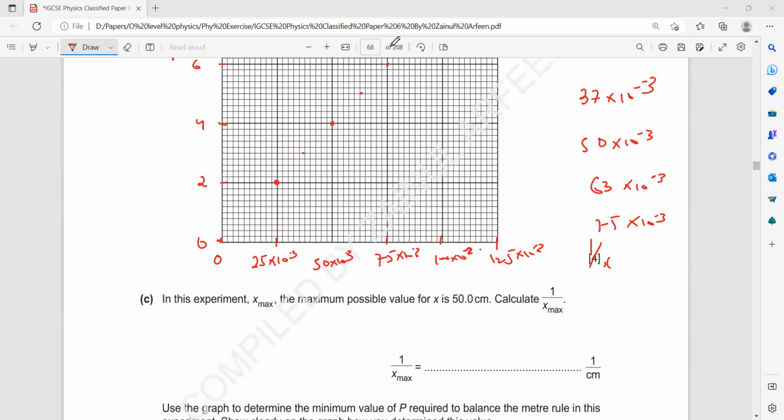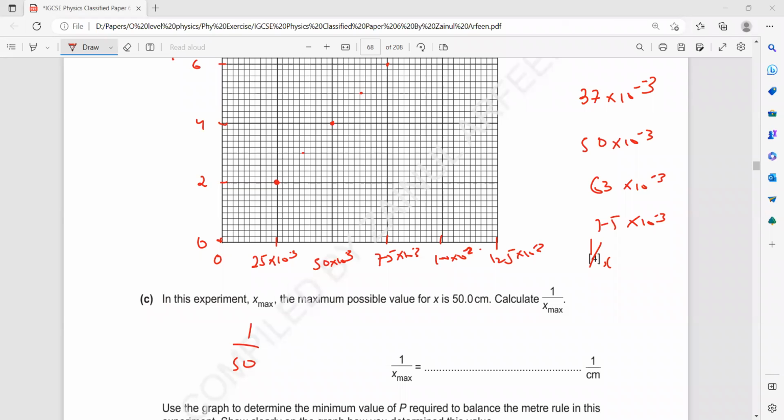So how to calculate 1 over X max? So 1 divided by 50. What's the answer for 1 over 50? 0.02. So 0.02 will be there.